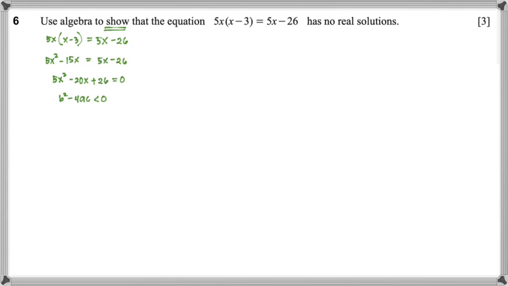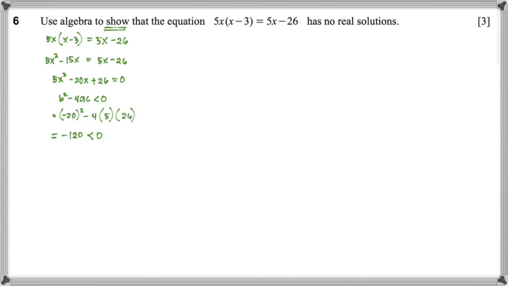So we get negative 20 squared minus 4 multiplied by 5 times 26. Typing this in the calculator, we'll get negative 120, which is less than 0.